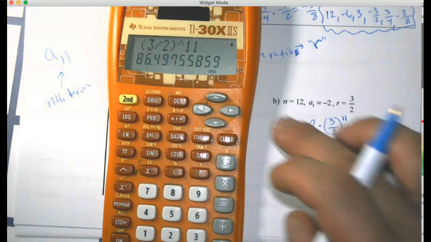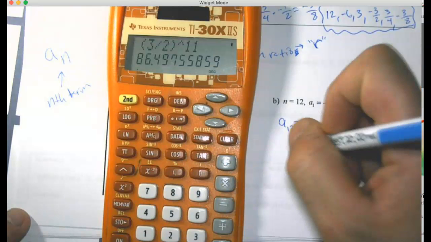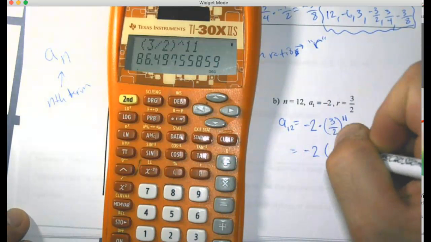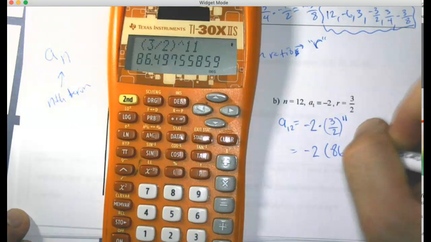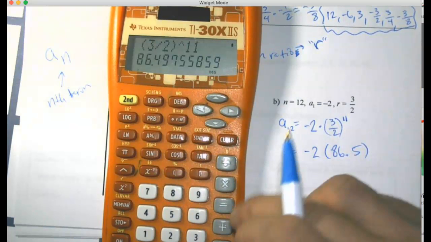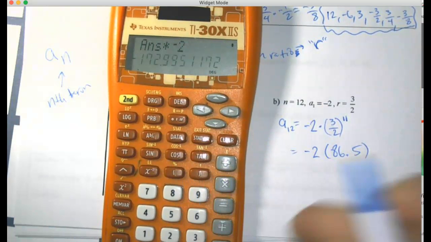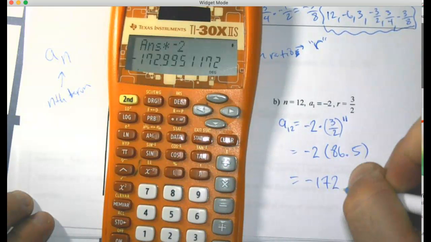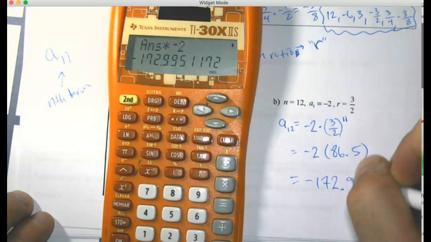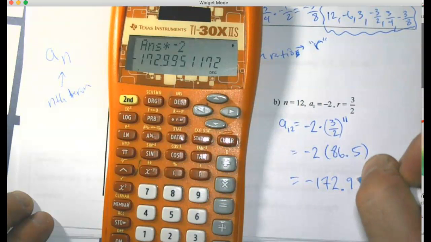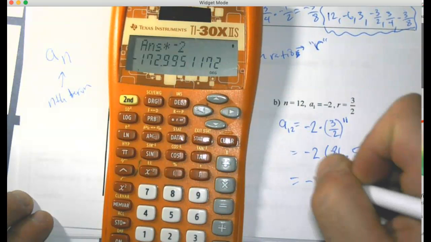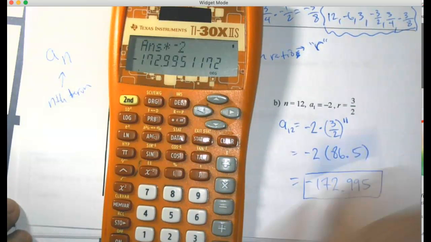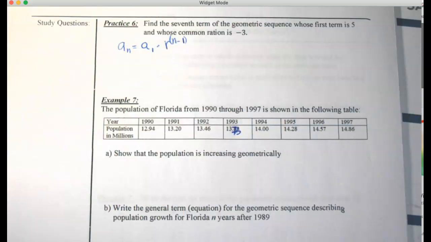So I'm just going to round that to 86.5. And -2 times 86.5 is what I'll end with. So times -2, negative 172.9. So that's the 12th term in that sequence.